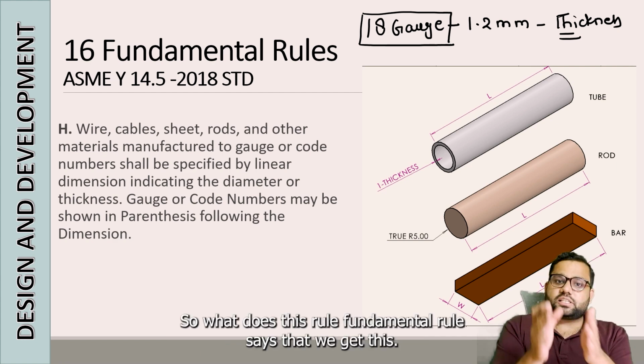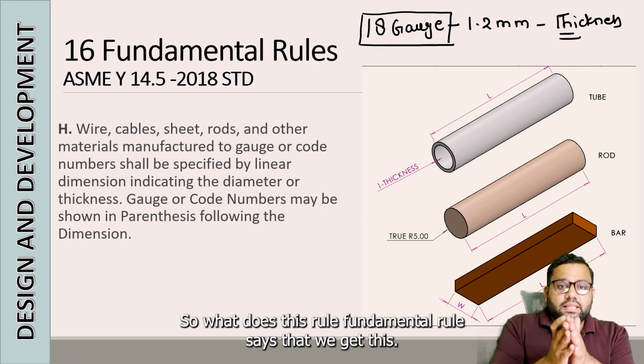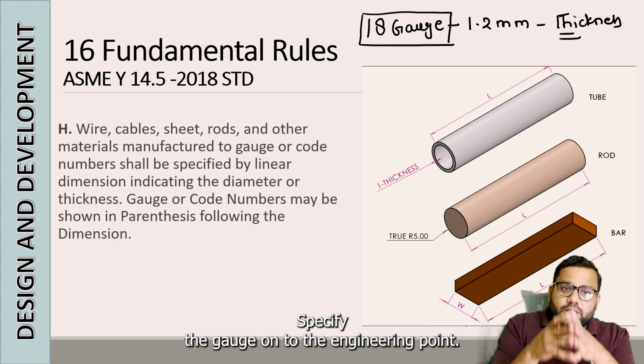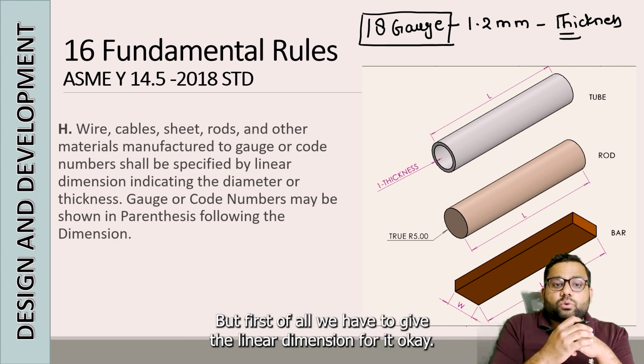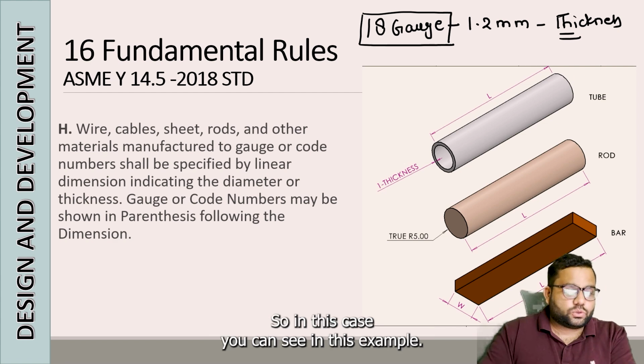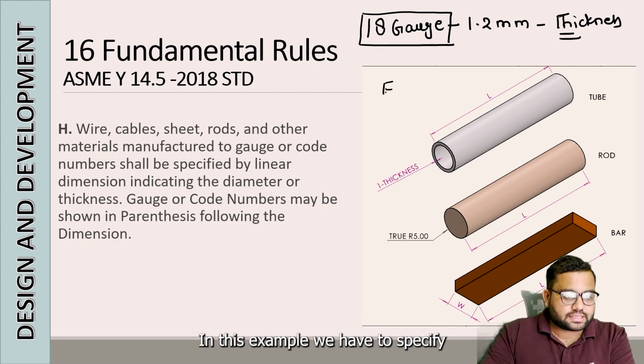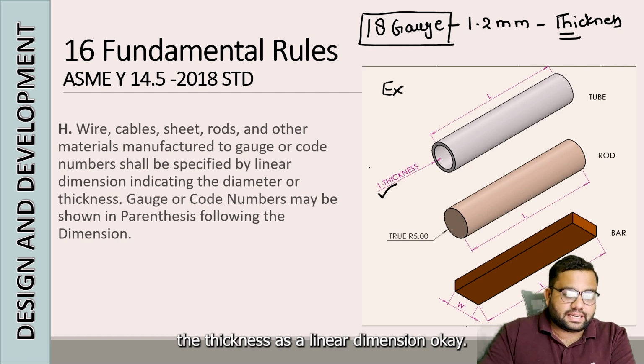So what does this fundamental rule say? We can specify the gauge on the engineering drawing, but first of all we have to give the linear dimension for it. In this example, we have to specify the thickness as a linear dimension.